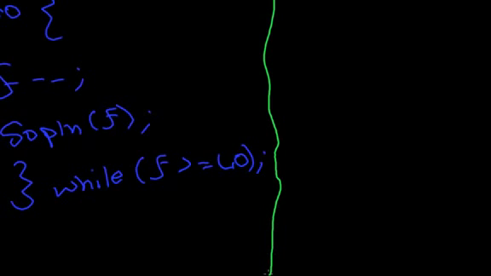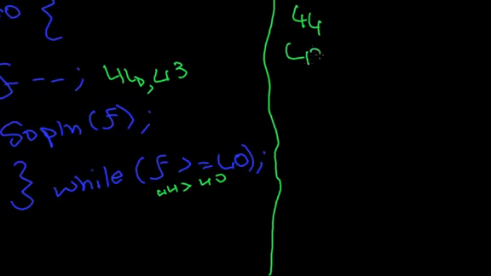So f minus minus, it will come in, f will become 44, prints 44. Is 44 greater than or equal to 40? 44 is greater than 40. Comes back up, becomes 43. Prints 43. 43 is greater than 40.